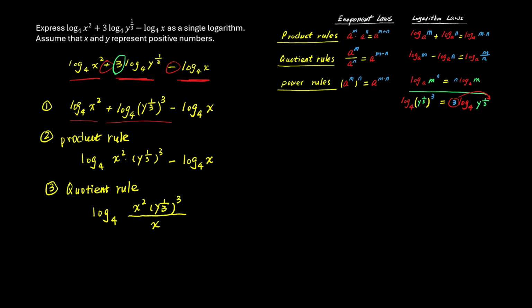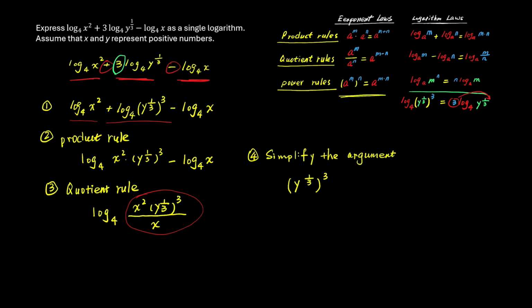But you see this argument is not fully simplified. So as the last step, we need to simplify the argument. Let's work on y first. We have y to the power of 1/3, then to the power of 3. We can simplify this by using the power rule of the exponent laws.